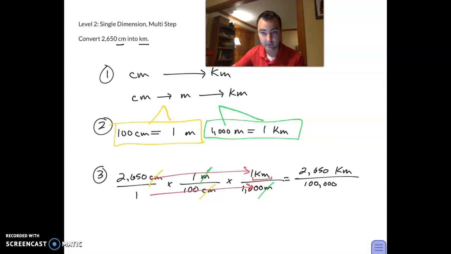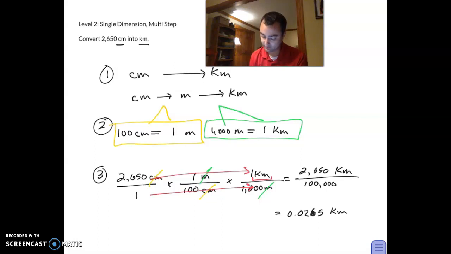And so, if you did this math on your own, either in your head or on your calculator, you know that you need to move it 5 points. And you would end up with the number 0.0265 kilometers.